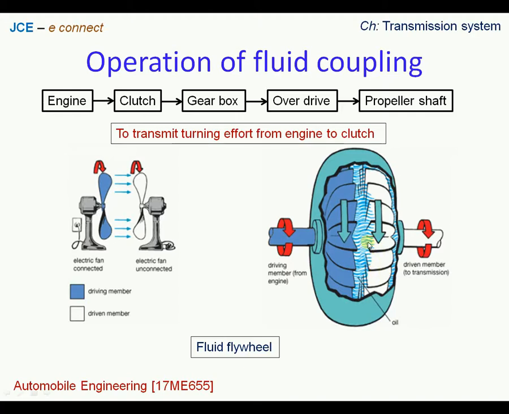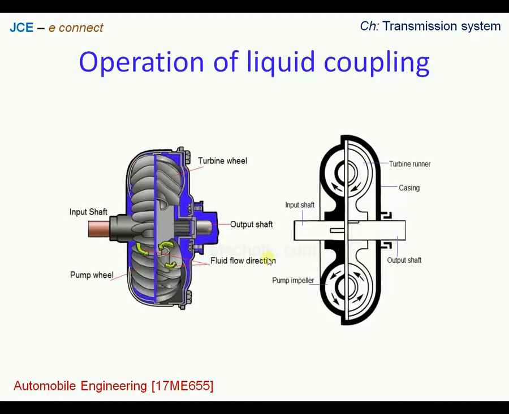Now let us move forward, and we are seeing the fluid coupling here, or a fluid flywheel. This is also called a fluid flywheel because this member forms one of the major parts of the engine flywheel assembly. We have the impeller on the left side which is connected to the input shaft, so this is the driving member.